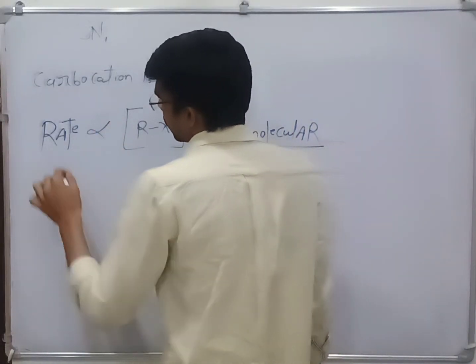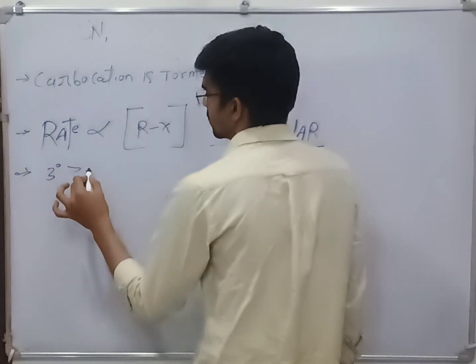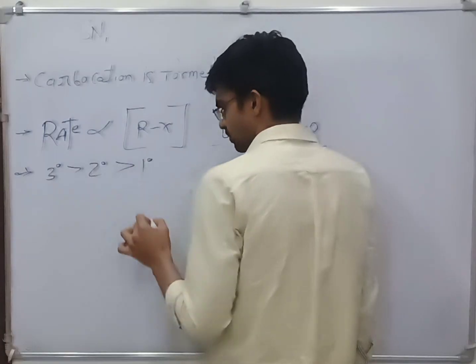The reactivity for an SN1 reaction follows 3 degree, then 2 degree, then 1 degree.